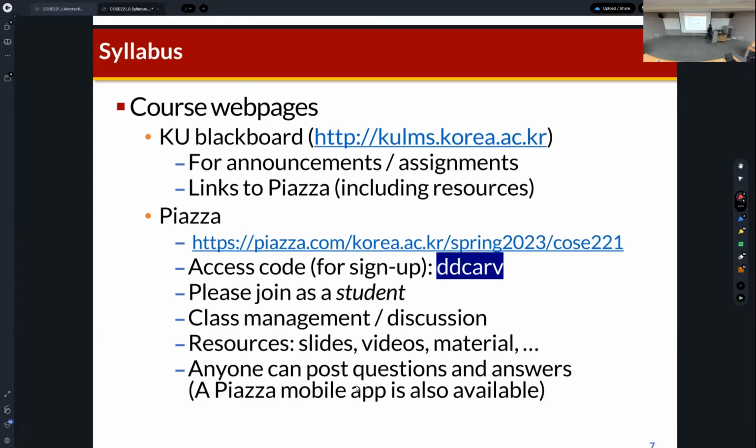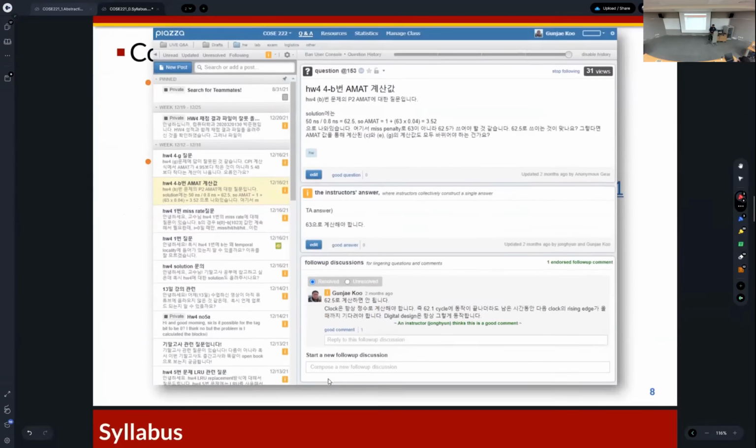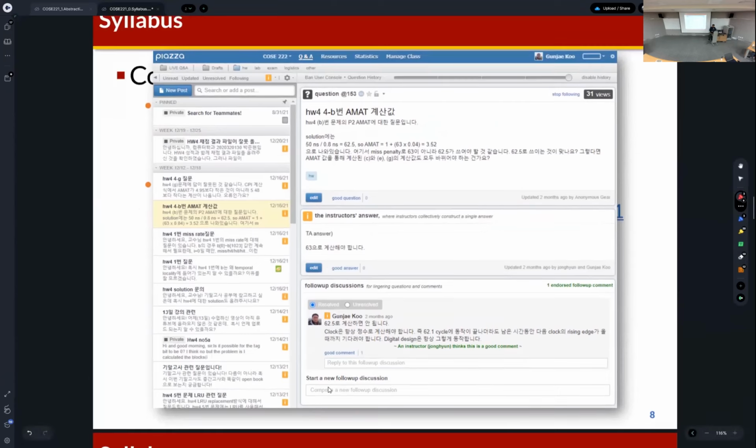You can also use the Piazza mobile app. You can use this mobile app on Android. I don't have any Apple devices, so I don't know about iOS, but I believe you can use the Piazza mobile app on your Apple devices. This is an example page.